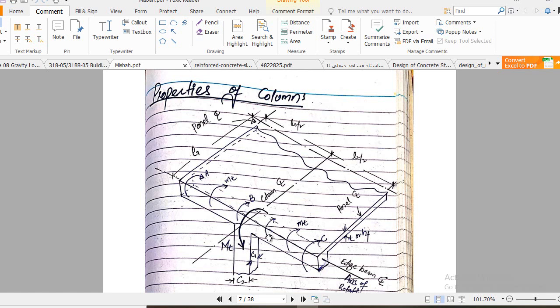So here the basic concept is that there is production of torque. You can say there are torsional stresses developed. You see this distributed torque, that is denoted by mt, and the torque which is applied by the column.